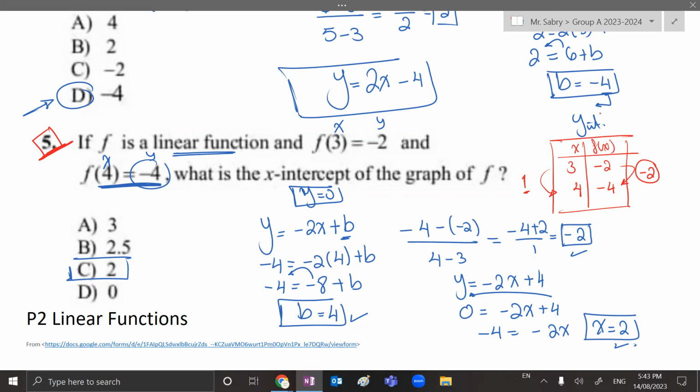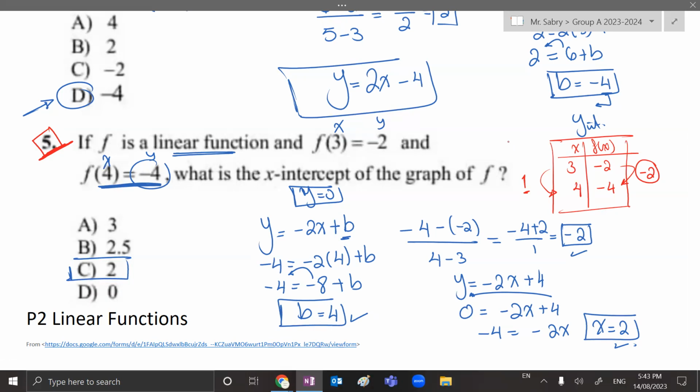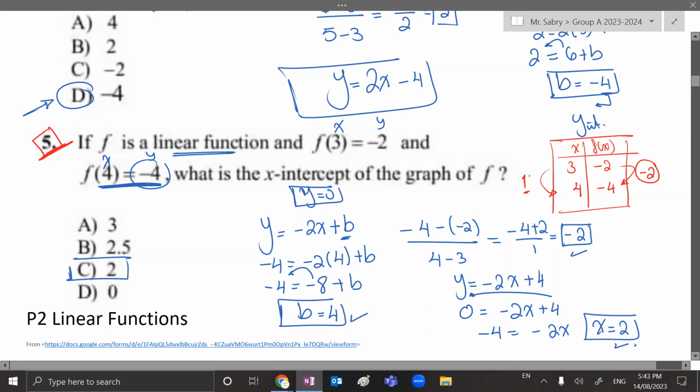I told you last class that the slope is called the average rate of change. The average rate of change means the change in y with every 1 change of x. That's exactly what's happening here. Every 1 increase on x, the y decreases by 2.